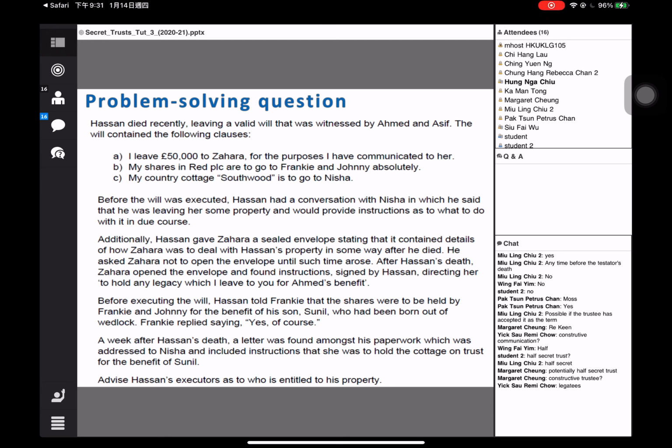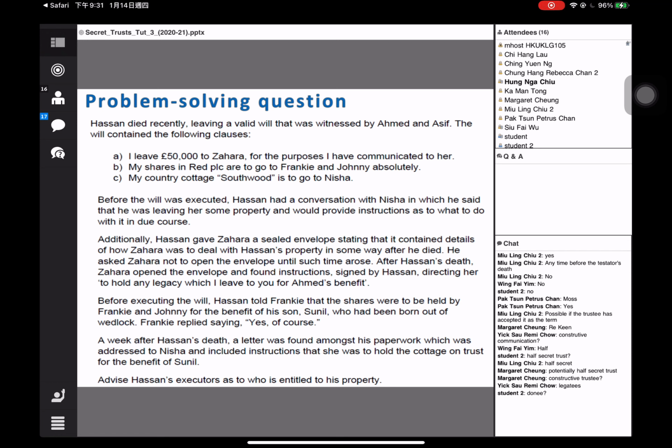The secret trustee is sometimes referred to as the primary donee. Primary donee, because they're the one who receives it, according to the will. The secret beneficiary is sometimes referred to as the secondary donee.